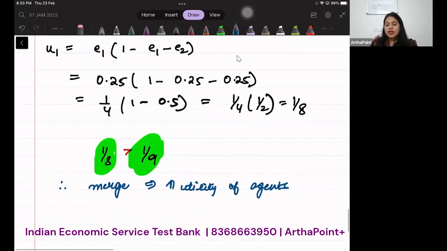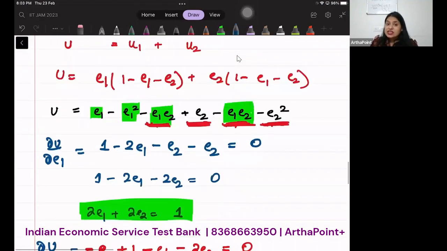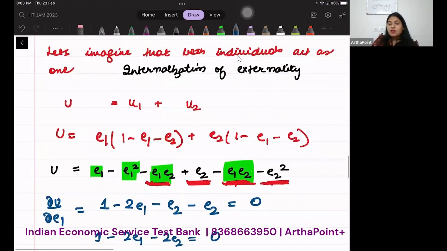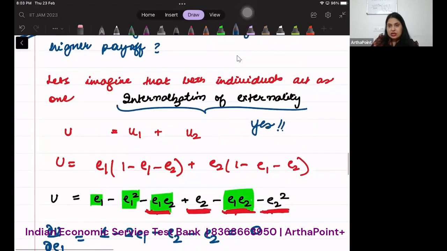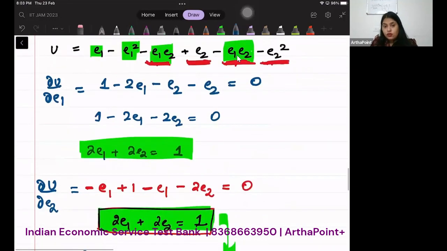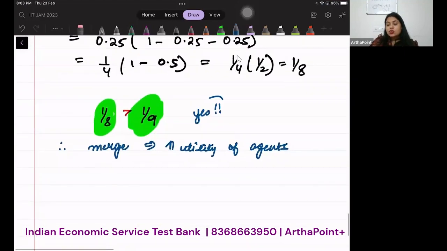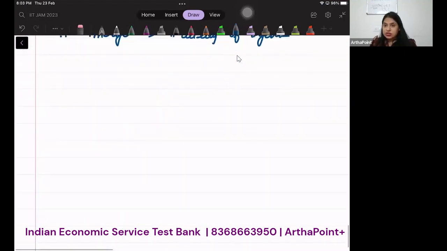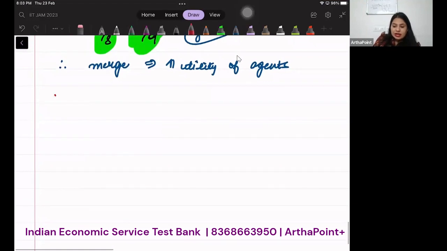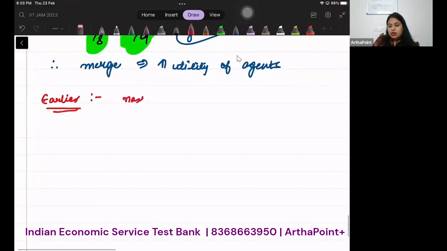So how will the question come in the exam? Can internalization solve the problem of the tragedy of the commons? Yes. Does utility improve? Yes. Okay, we can link this to the concept of Pareto efficiency also. So earlier, our Nash equilibrium was when each agent was putting in 1/3 of effort and their utility was 1/9.